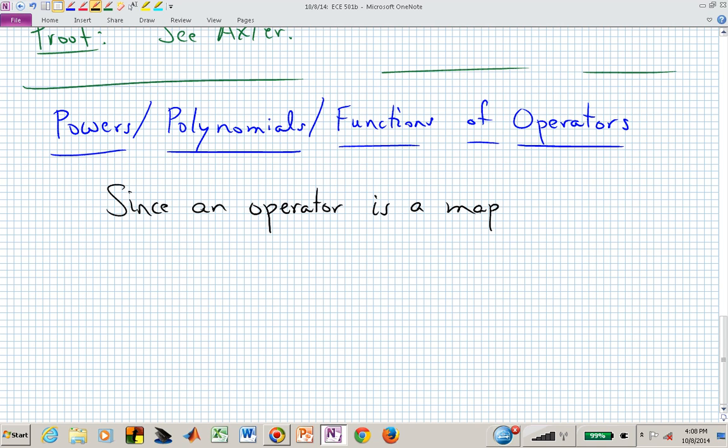Just the term operator, you should start thinking about what concept. It's a linear map, isn't it? But it's a special linear map. It goes from the domain, and the codomain is the same vector space as the domain. So it maps back into itself.